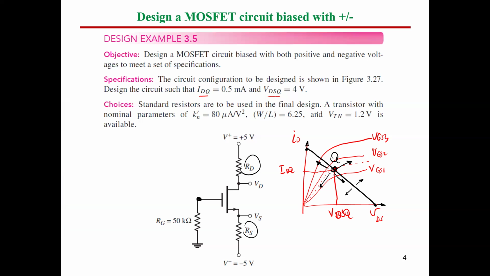And he also mentioned a transistor with nominal parameters K prime N equals 80 microampere per V square, W over L equals 6.25, and V threshold equals 1.2. So these are the parameters we have, and we need to design this circuit to achieve ID and VDS.